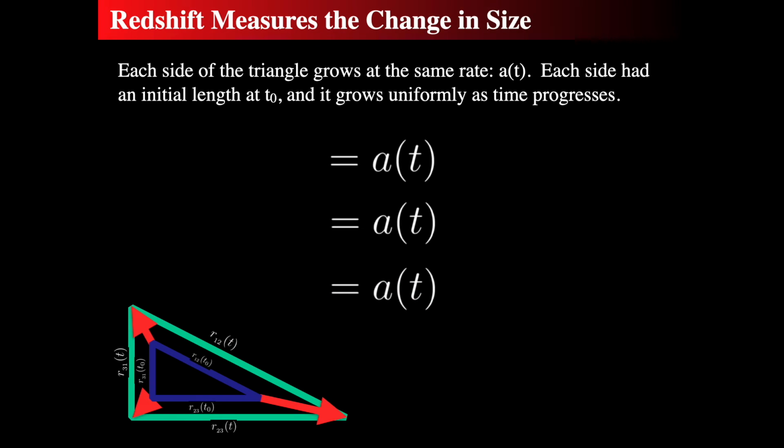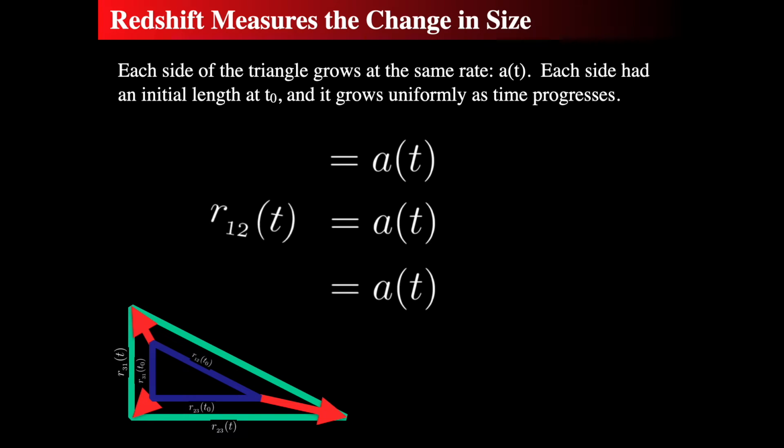Now let's capture the time functionality of the change of the sides of the triangle. Whatever happened, to maintain its shape, all the sides grew in exactly the same way, meaning the scale factor function was the same for all three sides. I'll call that scale factor a as a function of t, or a of t. We don't know the functional form of a of t. It could be a wild function of time, or very simple. It just applies to all sides equally.